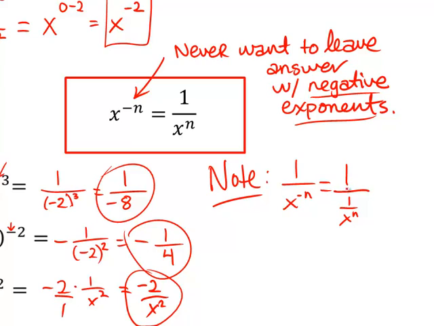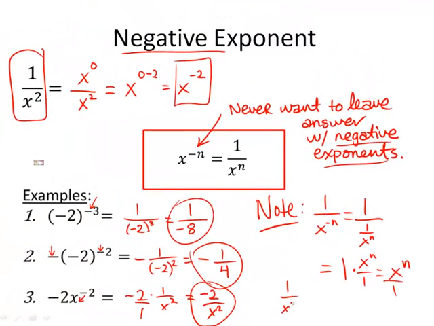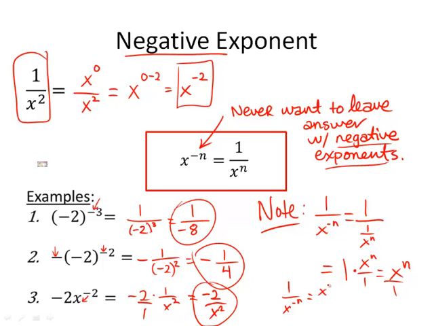Remember, when you're dividing by a fraction, you're actually multiplying by its reciprocal, which brings it back up. So a negative in the denominator will bring it up as a positive. So that's the alternate format of this rule.